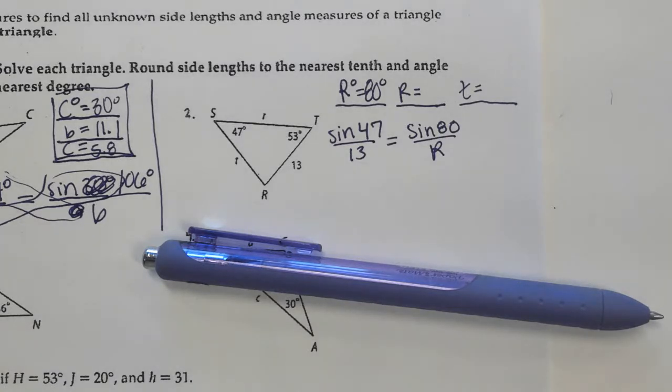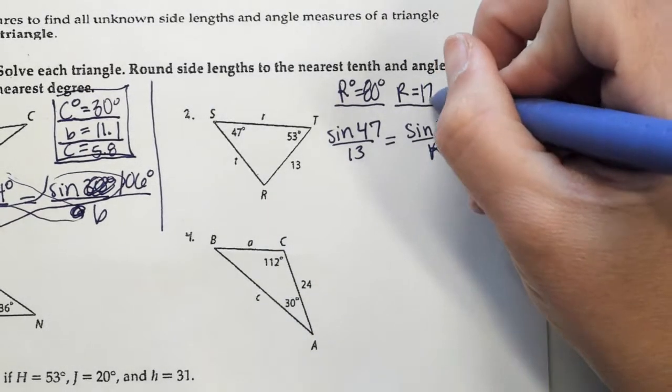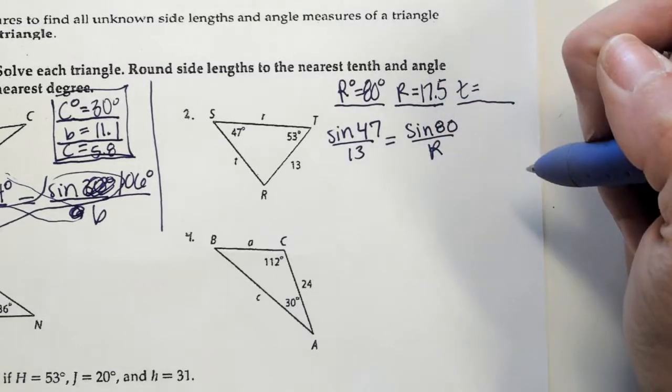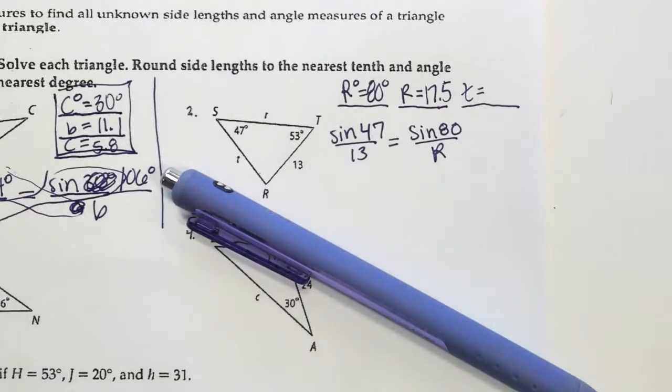What did we get? Everybody agree? 17.5? Cool. Go ahead and solve for T on your own.